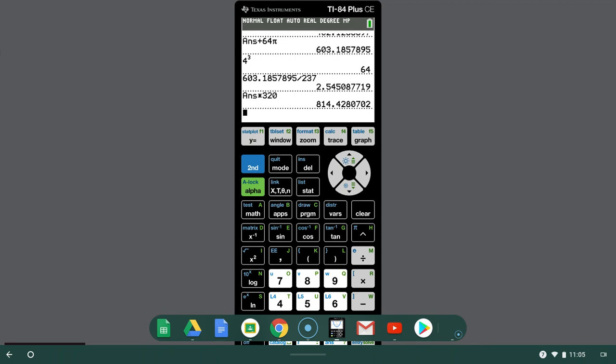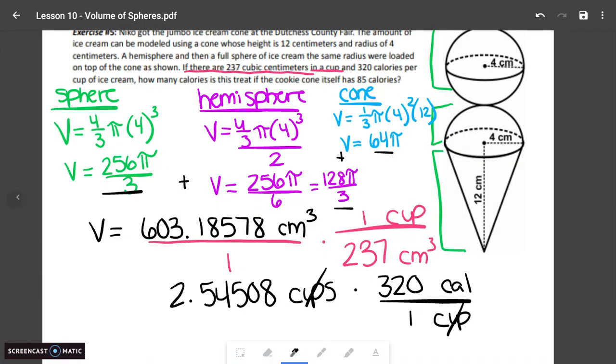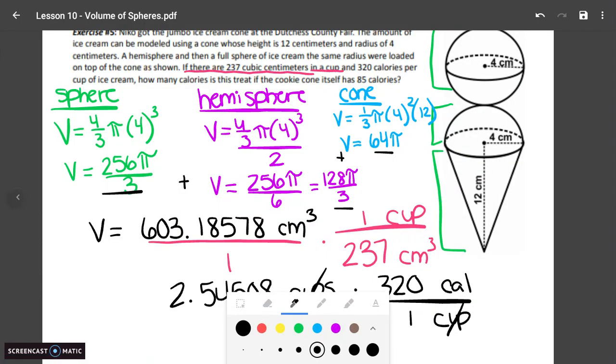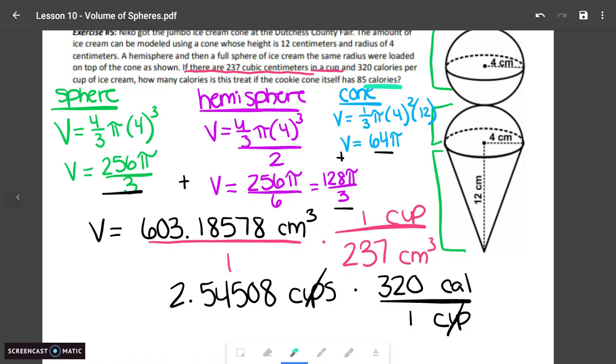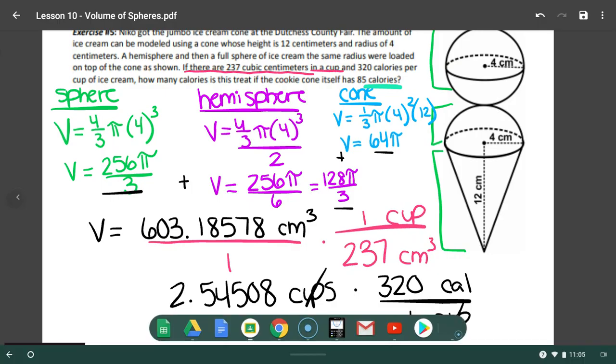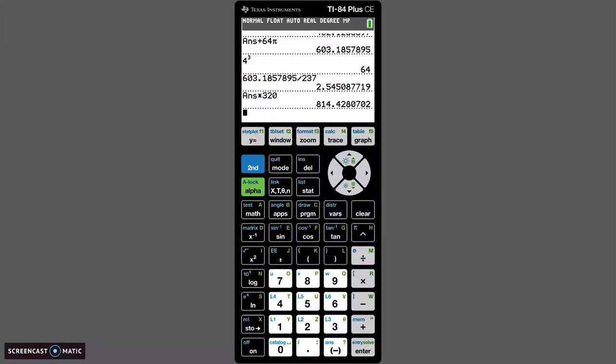And so we get the amount of calories, but also they hit you with a little zinger here of don't forget that the cone itself is 85 calories. So we just calculated the amount of the calories in the ice cream. I still have to add in that cone. So we're looking like almost 900 calories for this ice cream.